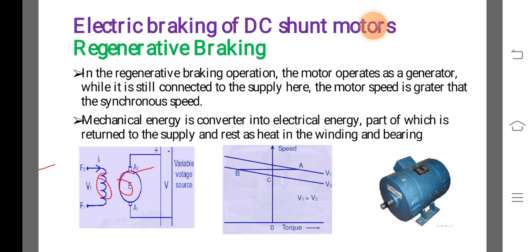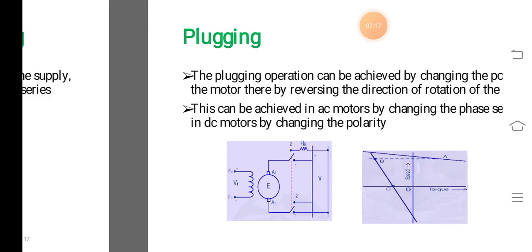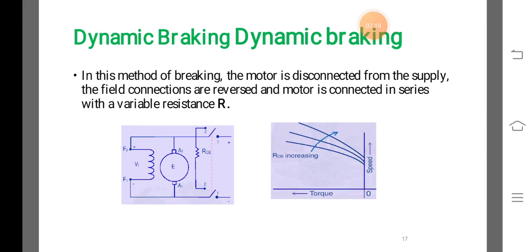Among those three braking methods, let us see rheostatic or dynamic braking of a DC shunt motor. Dynamic braking is used to stop the motor by dissipating its stored kinetic energy into a resistive load, or external resistance, or braking resistance.